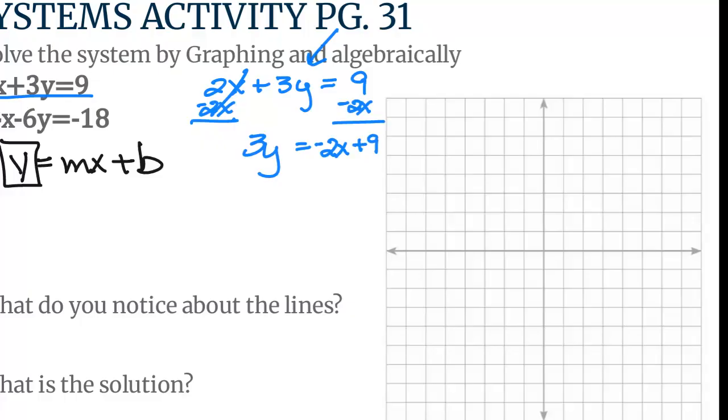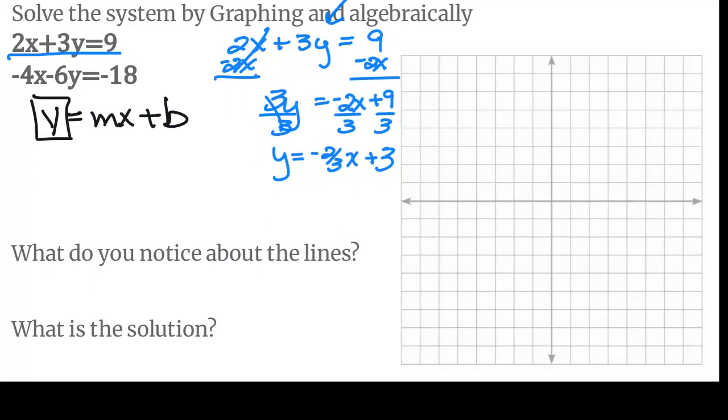Right now y is being multiplied, so I'm going to divide by 3 and get y equals negative 2/3 times x plus 3. So what is my b or my y-intercept here? 3. That is the y-intercept. And my slope is the negative 2/3.